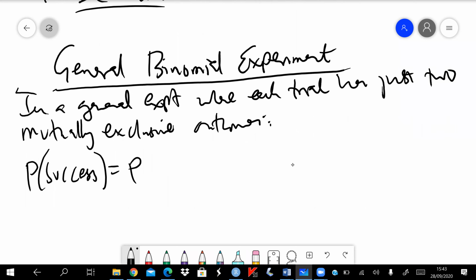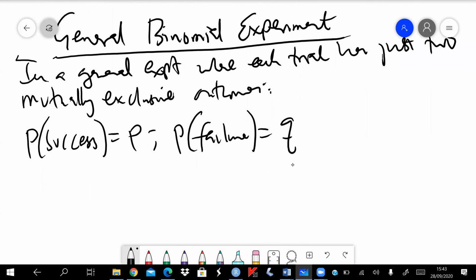We can just say that the probability of success is equal to P, and the probability of failure we can define like this: the probability of failure is equal to Q. And then we need to note that P plus Q is equal to 1 because they are collectively exhaustive.